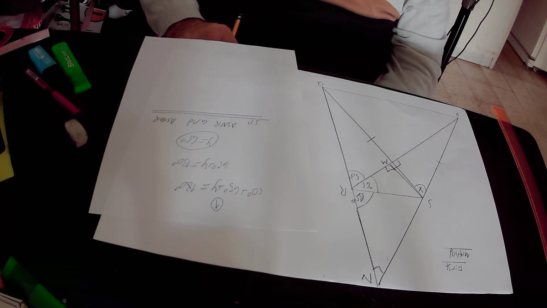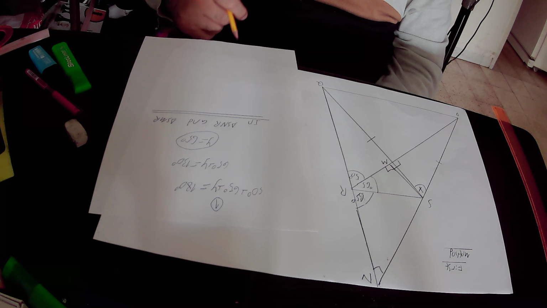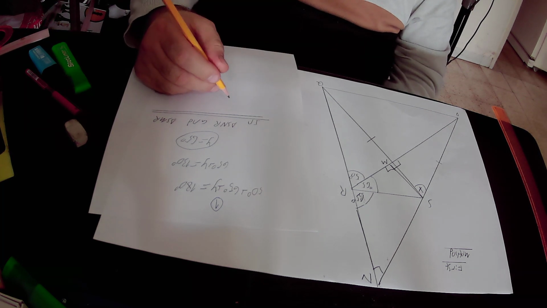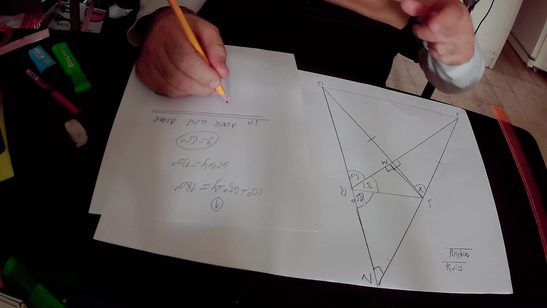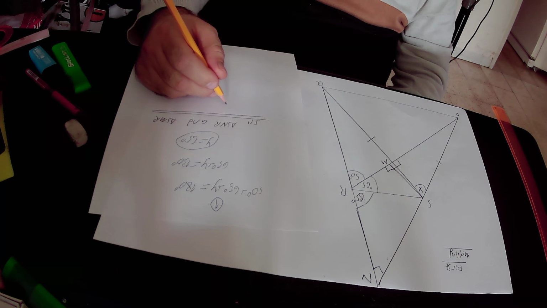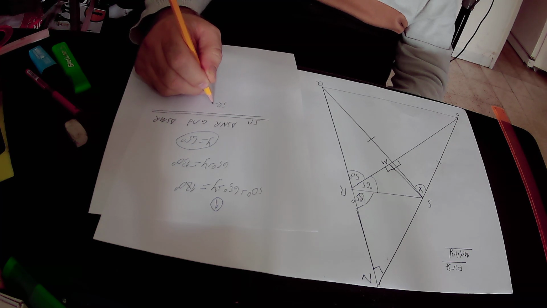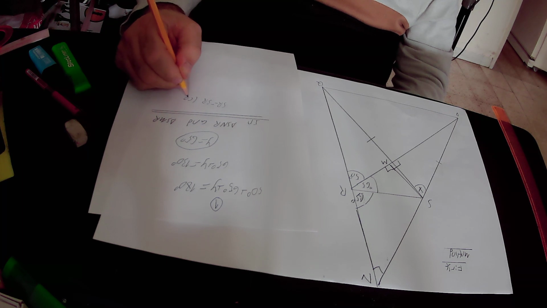Okay, so we can write down that SR equals SR. It is a common side. It belongs to both triangles.